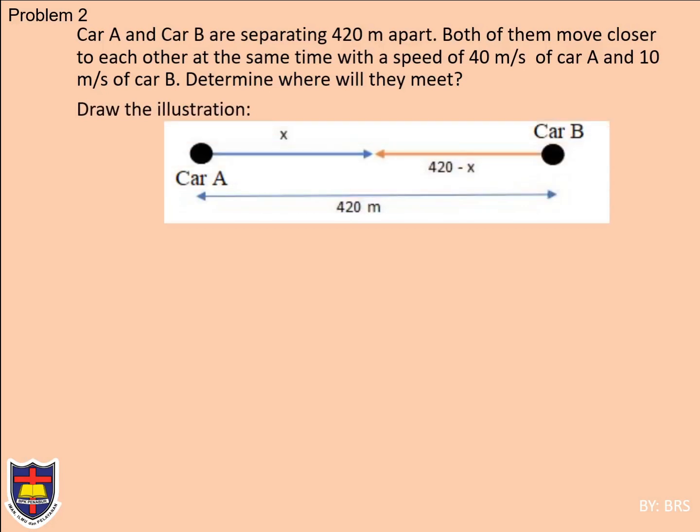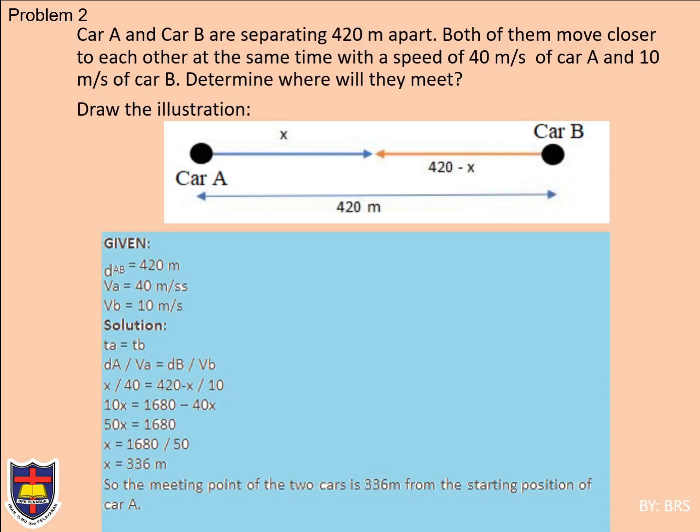The solution. Given the distance from A to B is 420 meters, the velocity of A is 40 meters per second, and the velocity of B is 10 meters per second. Because the time of A equals the time of B, dA over vA equals dB over vB. So x over 40 equals (420 minus x) over 10.